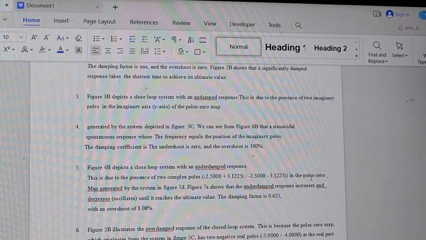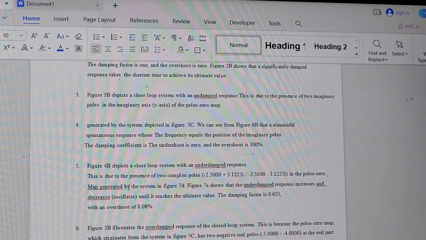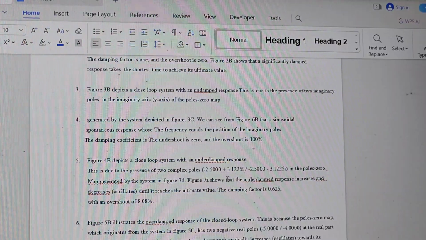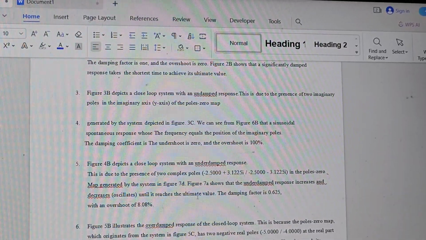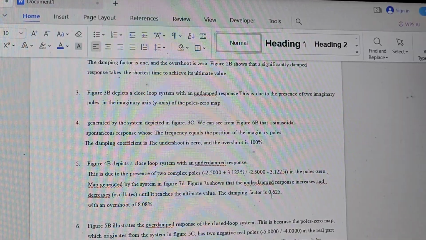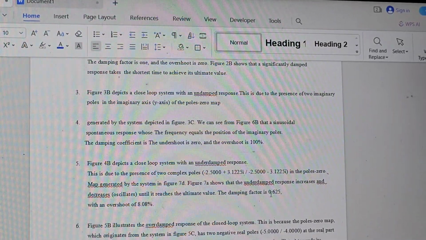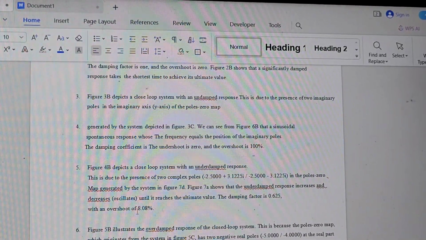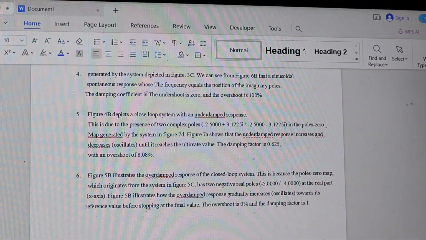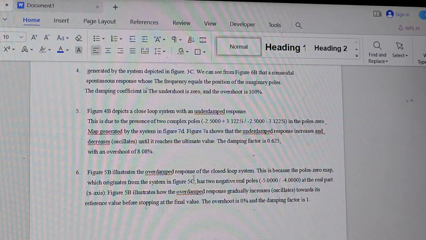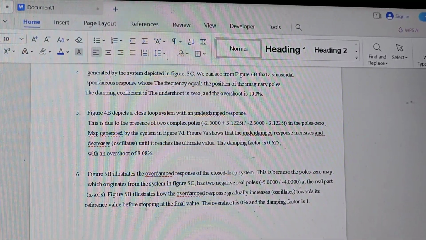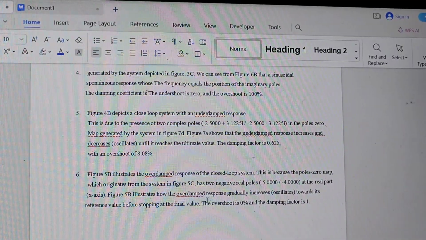In the pole-zero map generated by the system in figures 7d, 7a shows the underdamped response, increase and decrease of the oscillation, and the ultimate value of damping, which is 0.625 with an overshoot of 8.08%.